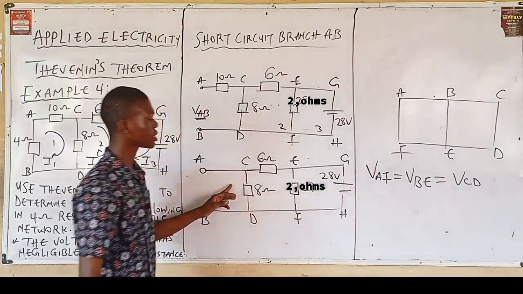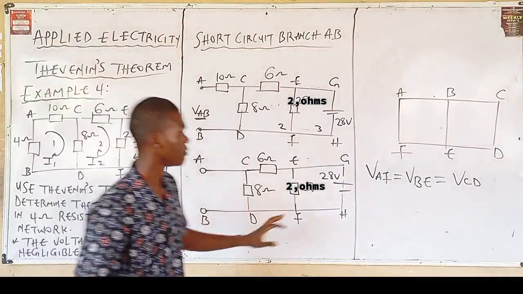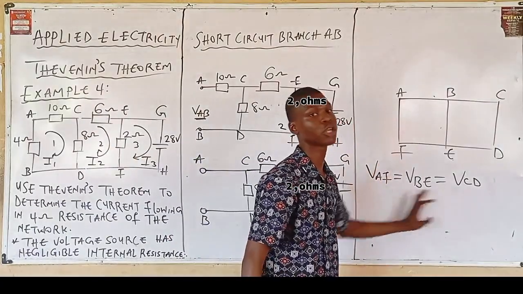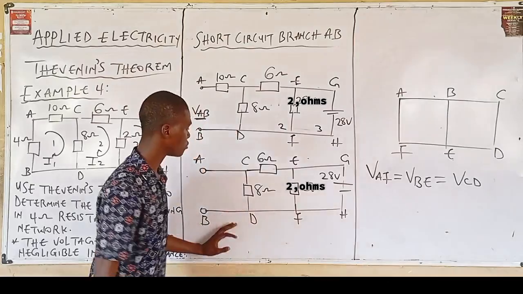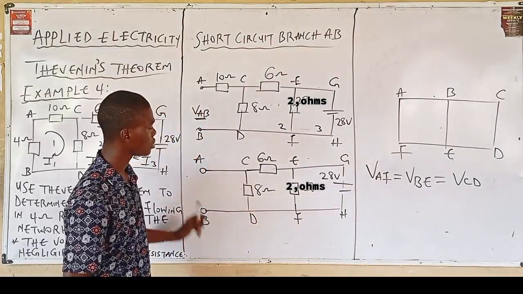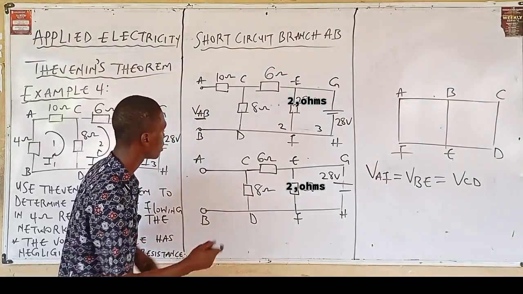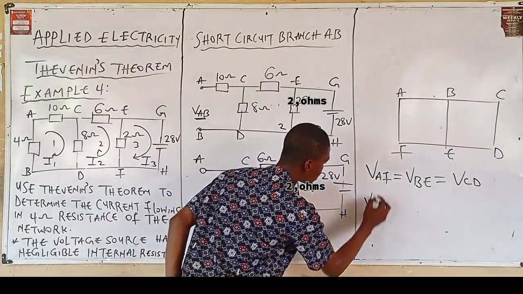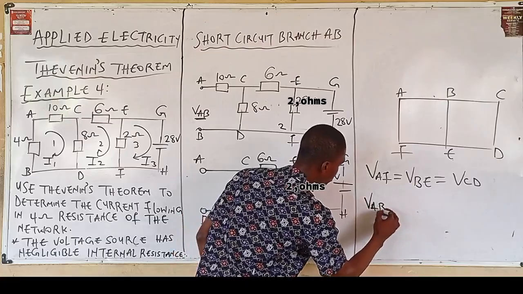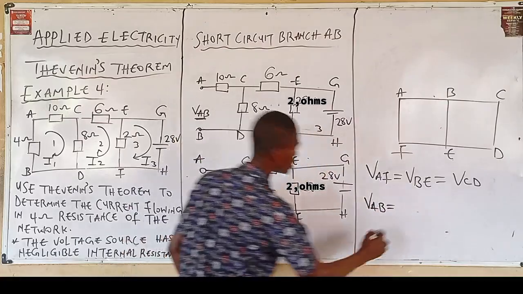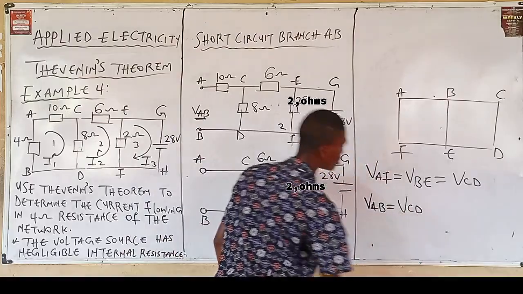So normally the value of voltage in each branch is equal, but for this question, the value of voltage in branch AB is equal to the value of voltage in branch CD.